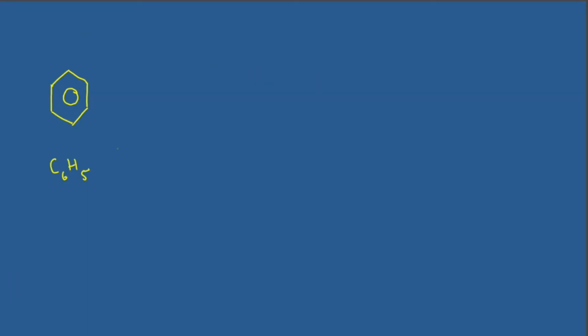Here I've got a benzene ring, and if we attach a carboxylic acid group onto this, I'll just stick one up here. This would be called benzene carboxylic acid. It used to be called benzoic acid, so you might see that around the place, but we should call these benzene carboxylic acid.